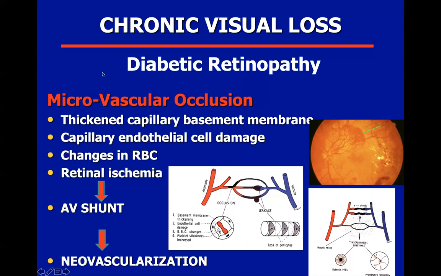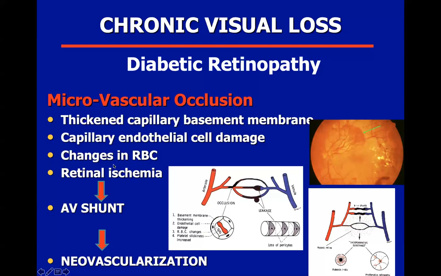In diabetic retinopathy, unfortunately, you have your microvascular occlusion, as you see it here. You have your thickened capillary basement membrane. You have then your capillary endothelial cell damage. Then you have changes in your RBC.